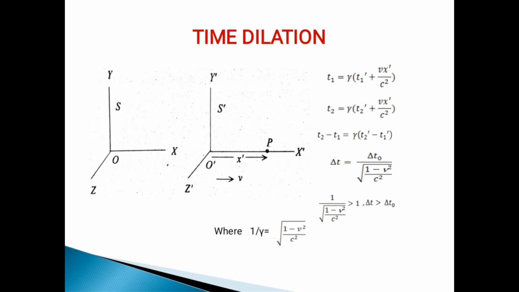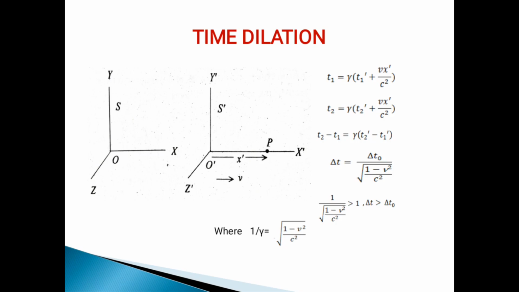The time interval measured by a clock at rest relative to the observer is called proper time interval. Hence, t0 equal to t2 prime minus t1 prime is the time interval between two shots for the observer in S prime. Since the gun is fixed in S prime, it has a relative velocity with respect to S in the direction of the positive x-axis.